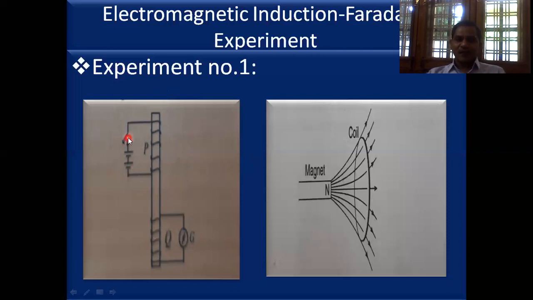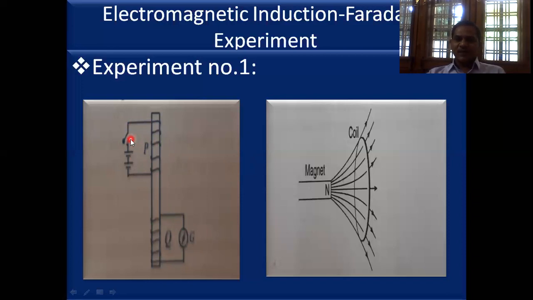When the tap key is closed, the circuit is closed and current starts flowing through the primary coil, then suddenly the galvanometer deflects. So when the tap key is closed, galvanometer deflection is observed, and also when the tap key is broken, deflection is observed.